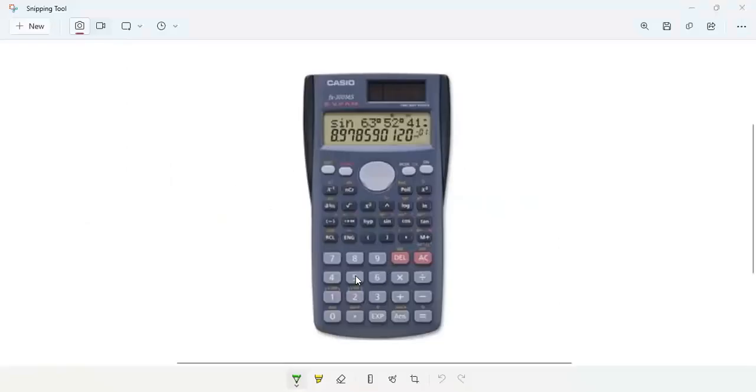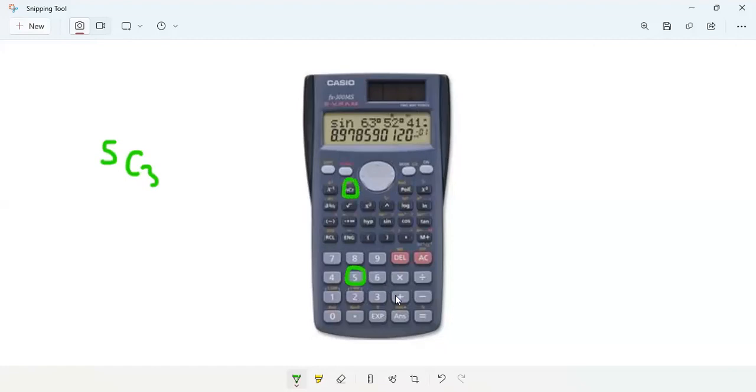So if you want to calculate 5 combination 3, you press 5, combination somewhere here, and 3, then equals.